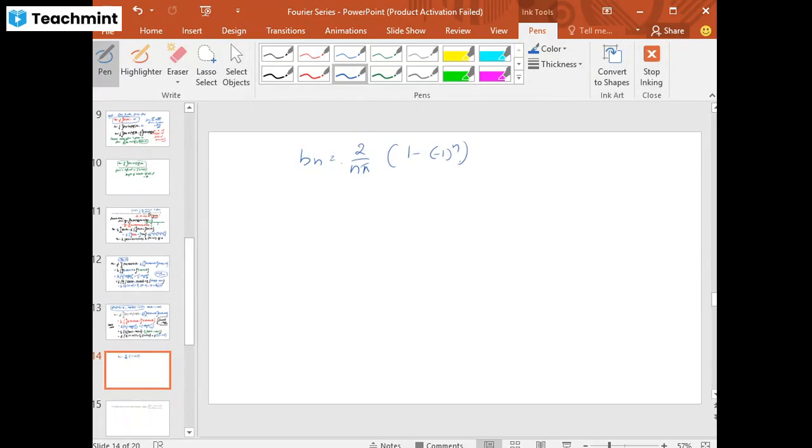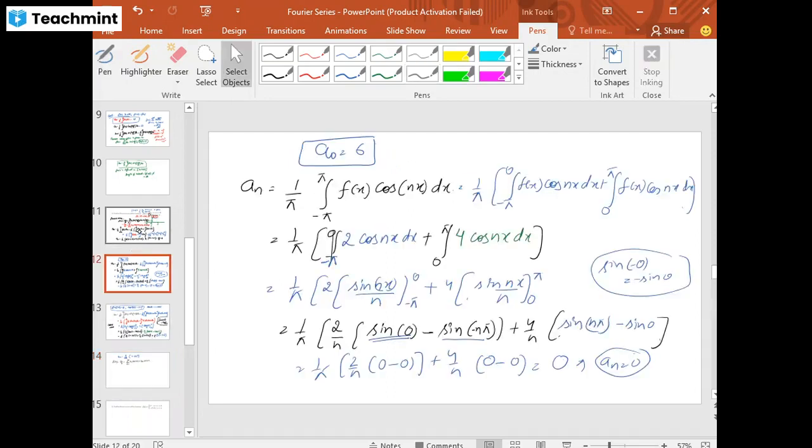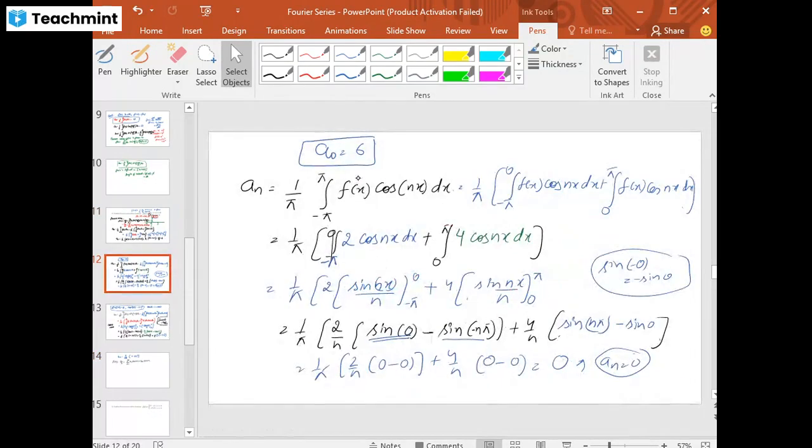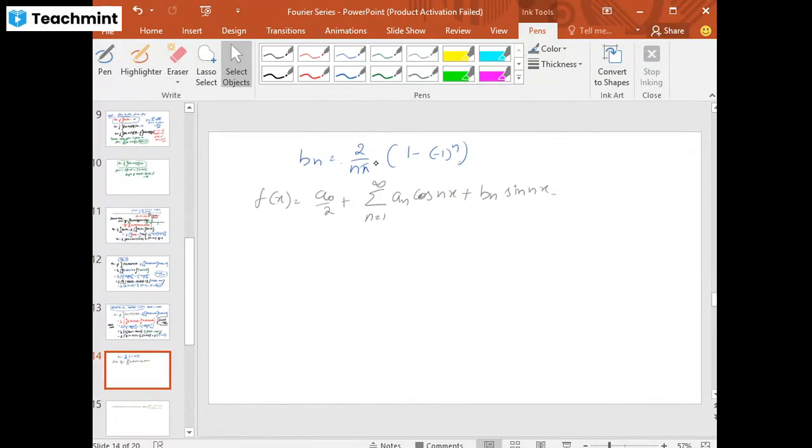So from here, what do you get as the Fourier series? The Fourier series of the function is given as a naught by 2 plus summation n varies from 1 to infinity an cos nx plus bn sin nx. So we have calculated the value of Fourier coefficient a naught. It comes out to be 6, an comes out to be 0, and bn comes out to be this one.